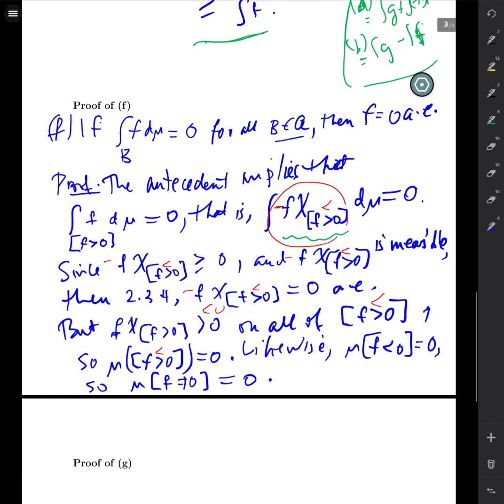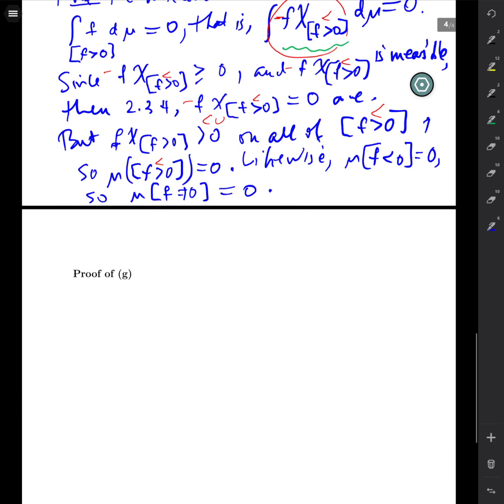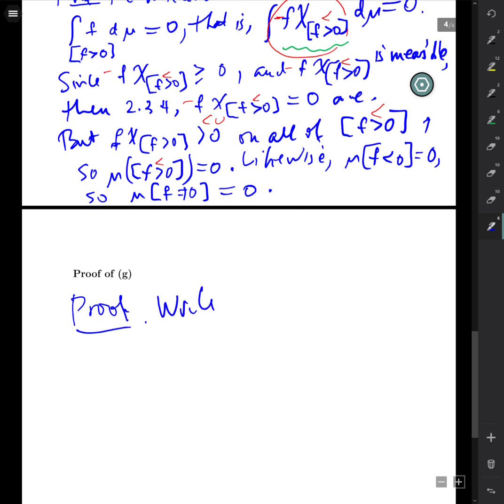Okay, so then proof of G, well, let's see what G was. G was the integral inequality. And the proof is similar to what you may have seen before. Let me write it. The proof of G is: write the absolute value of the integral of f d mu is equal to c times the integral of f d mu, where c equals -1 or c equals +1.